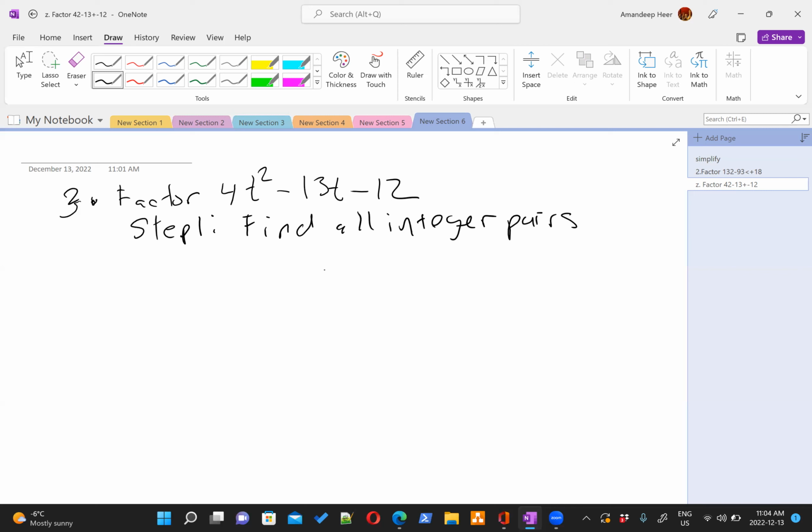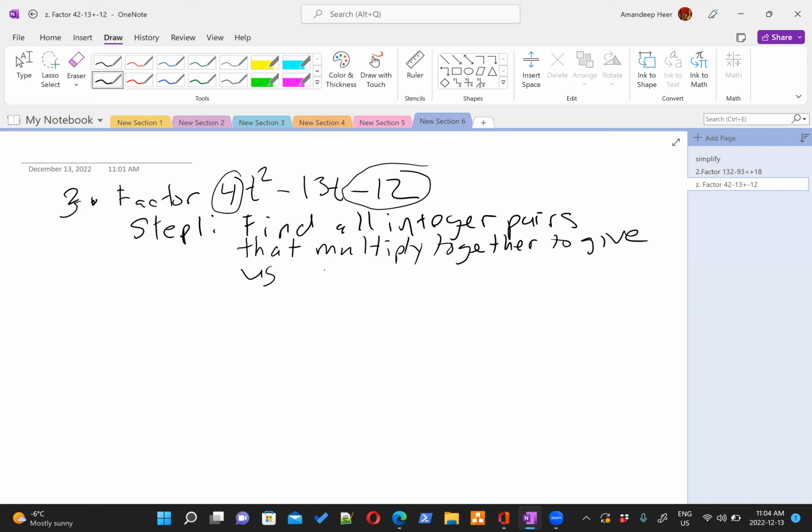It's in fact all the integer pairs that multiply to give us 4 times -12. Not -12, 4 times -12.